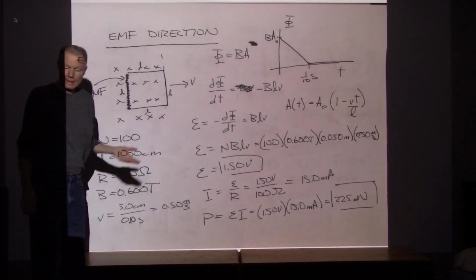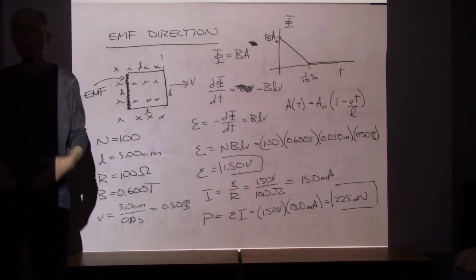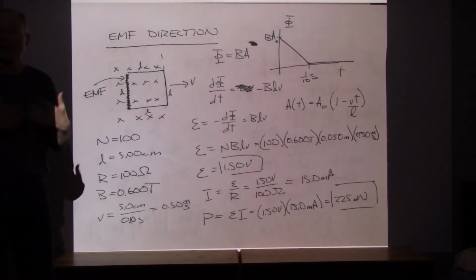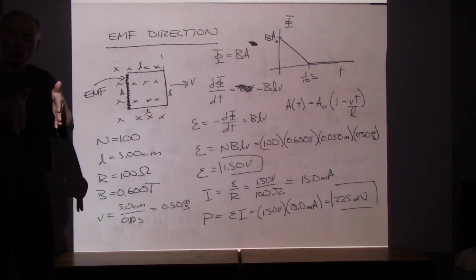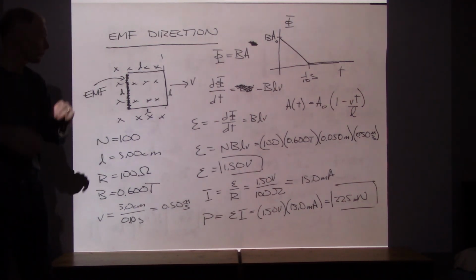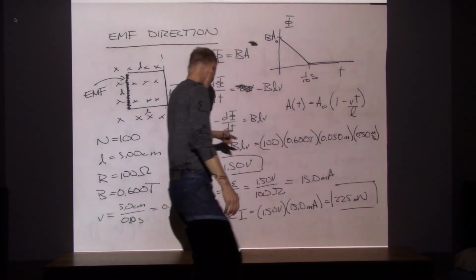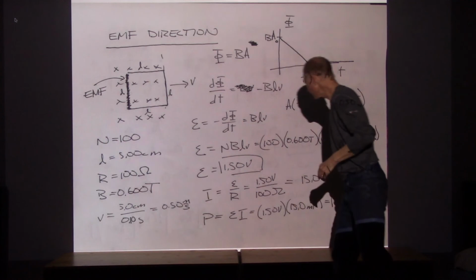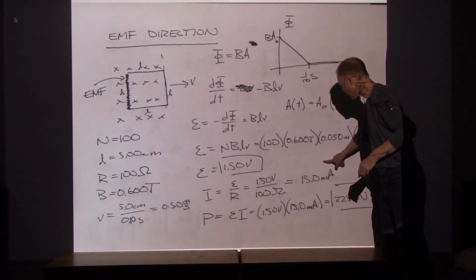So the wiring is just going to heat up, and it's going to heat up uniformly. I'm going to have the same amount of current passing through every part of the wire. So the current we can get by taking the EMF and dividing by R. That gave us 15 milliamps.